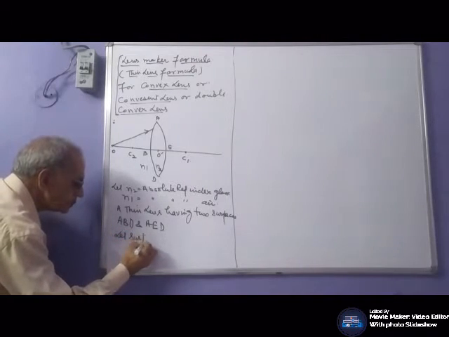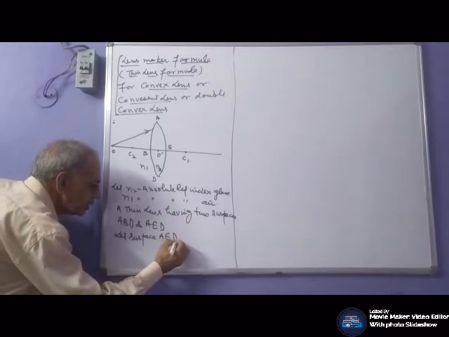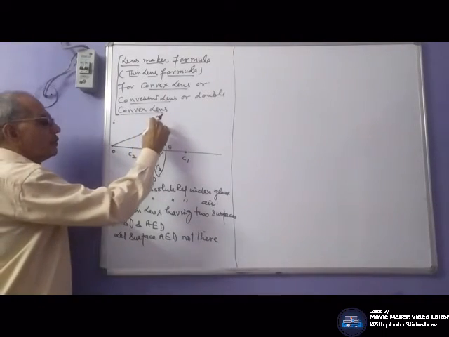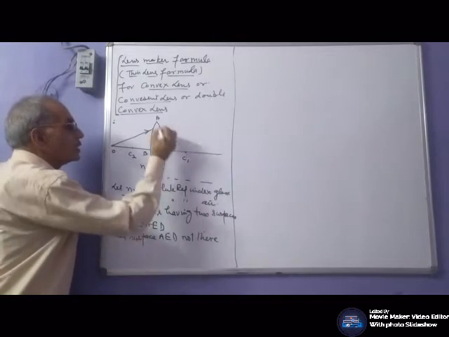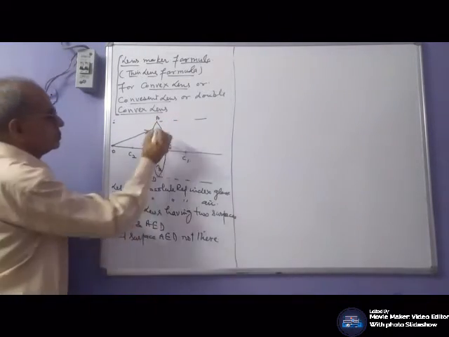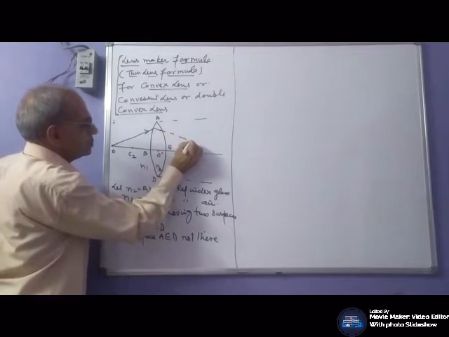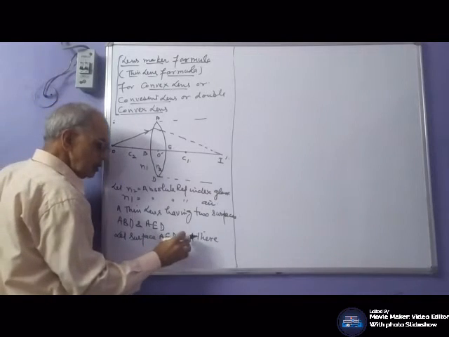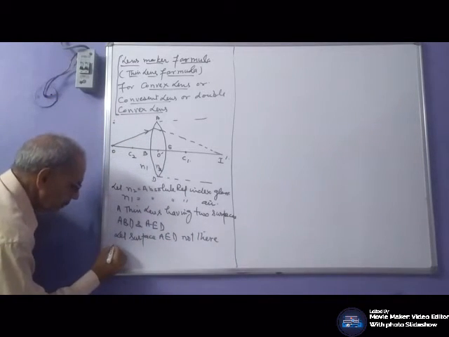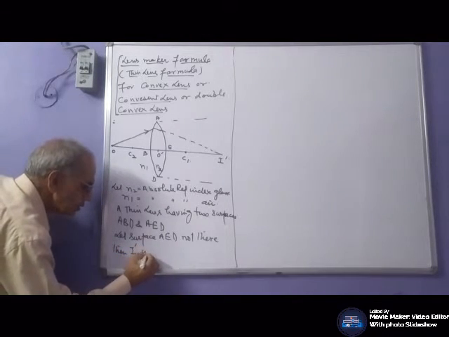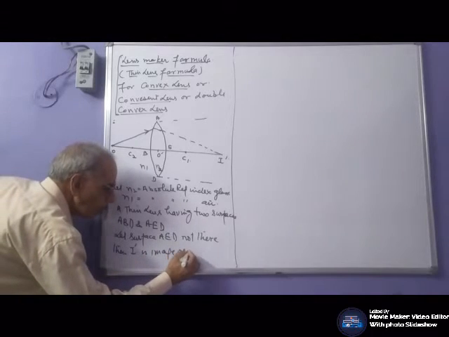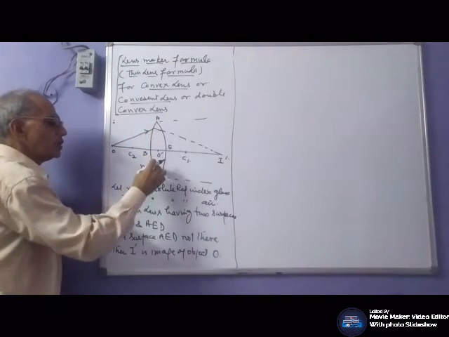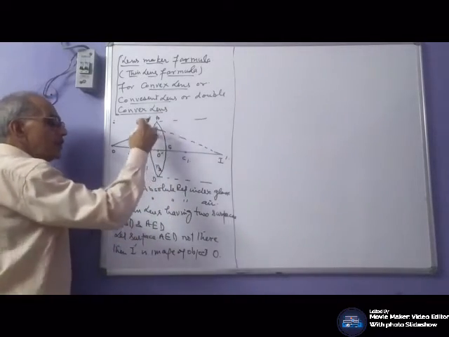Let surface AED not be there. If this surface is not there, then this is all glass. Then I dash is the image of object O. With AED not there, the total is glass, a convex spherical surface.